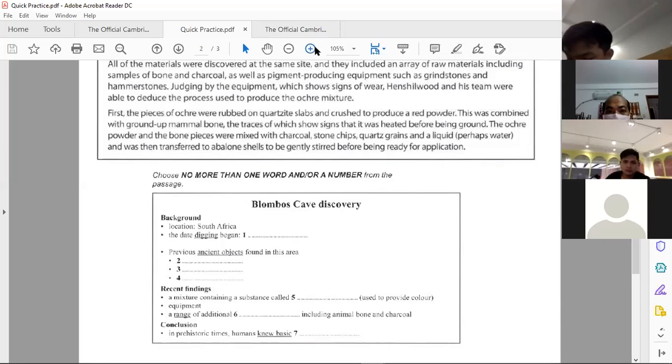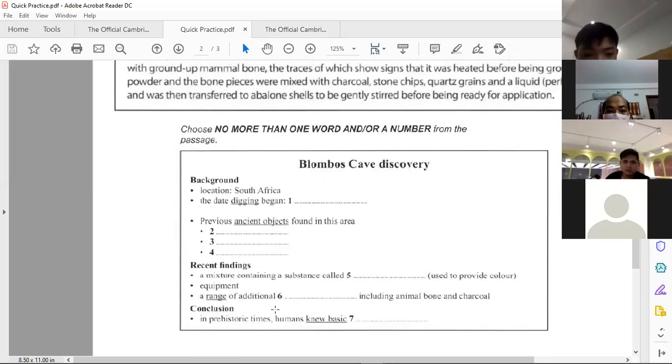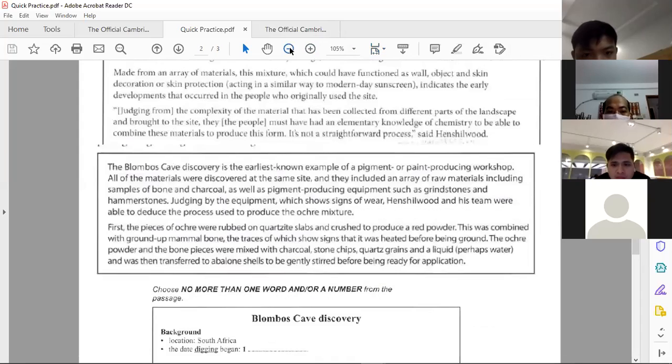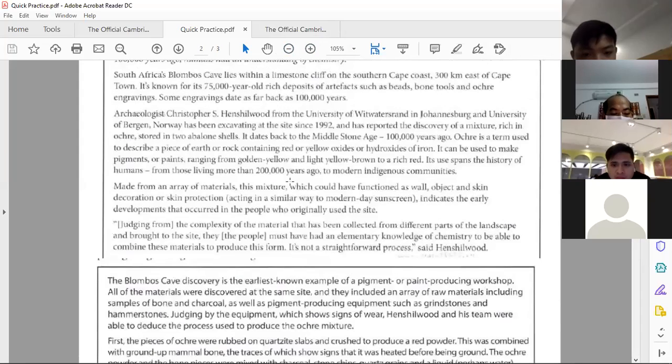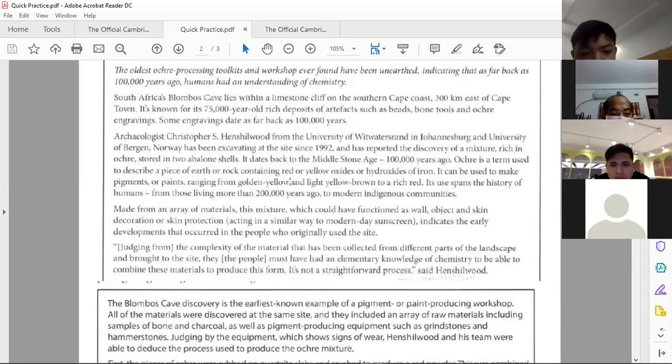Let me enlarge this. A mixture containing a substance called blah, blah, blah, used to provide color. Provide color. What things give color? One word, so it's only one item. So we're up to 1992 here. So read further from 1992.